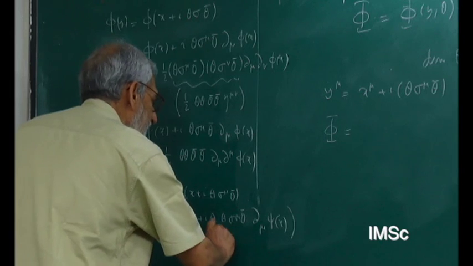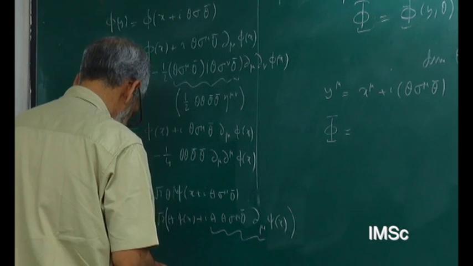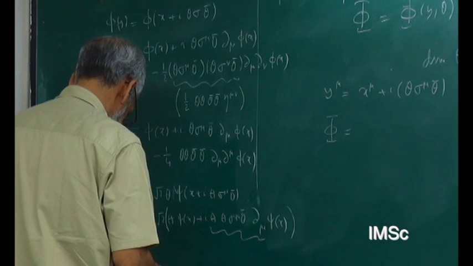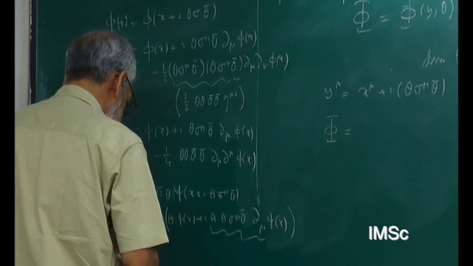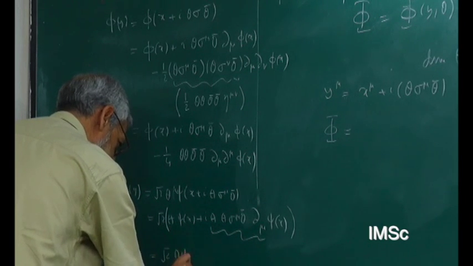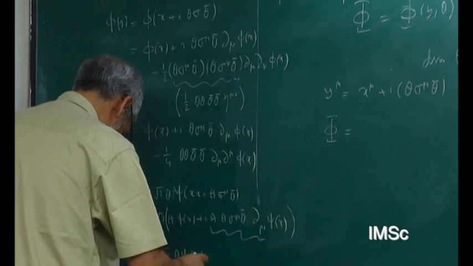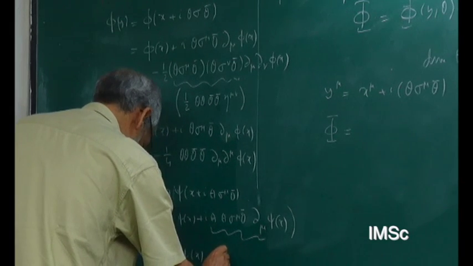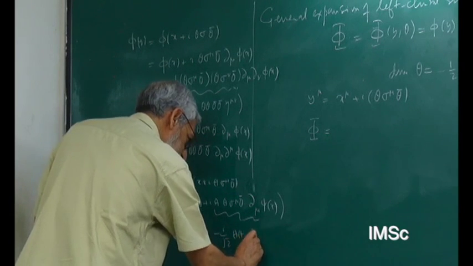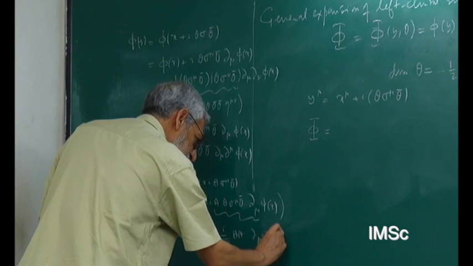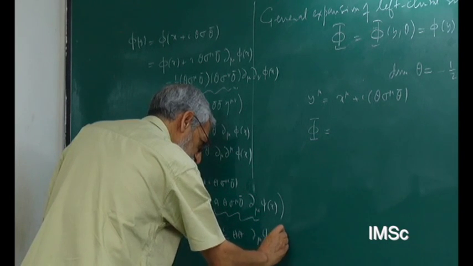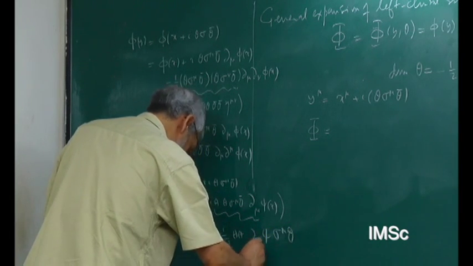Now, again this was an identity. Here, you should be able to write root 2 theta psi of x, and use an identity to write it as minus I by root 2 theta theta d mu psi sigma mu theta bar.